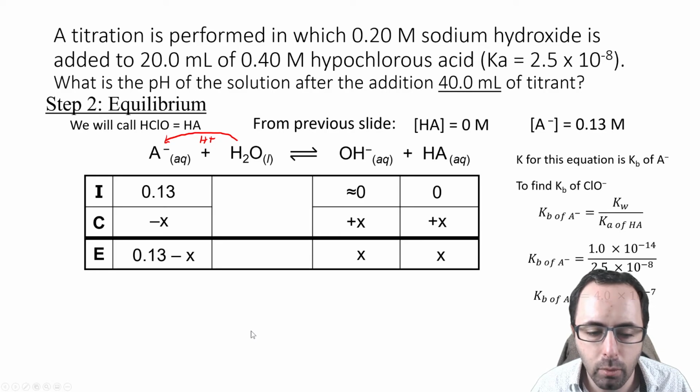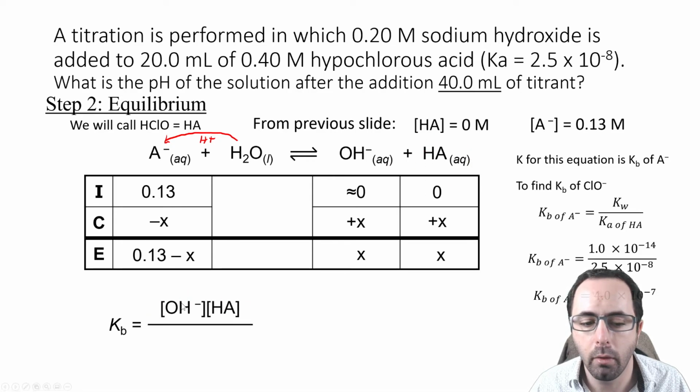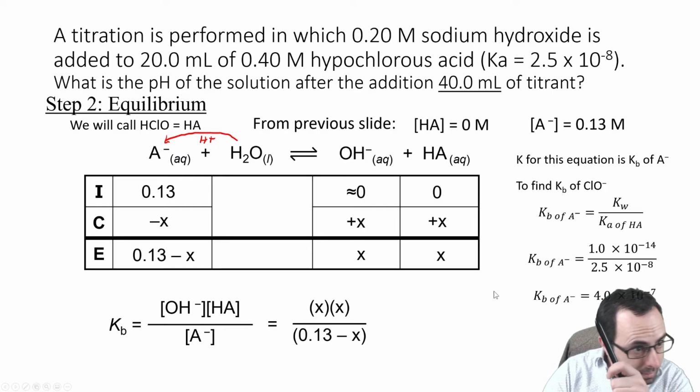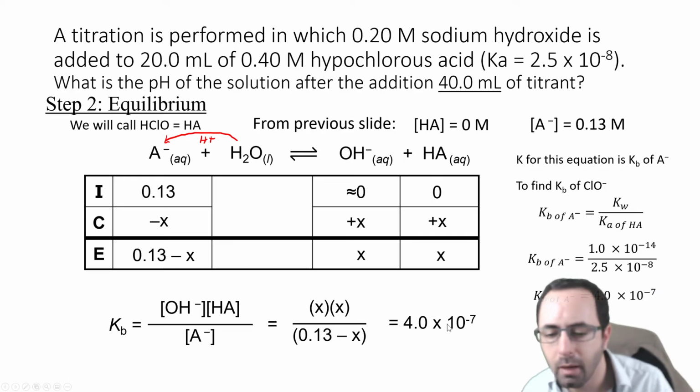So we have to write Kb. The Kb expression is going to be hydroxide times the weak acid concentration on top. On the bottom is going to be the A- concentration. And so that's going to be x times x on the top. And the bottom is going to be 0.13 minus x. And that is equal to the Kb right here, 4.0 times 10 to the minus 7.